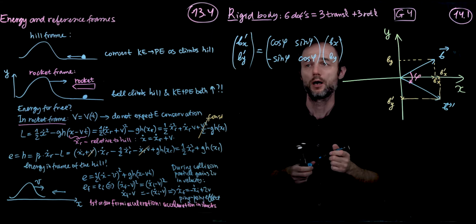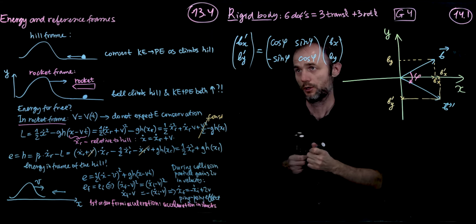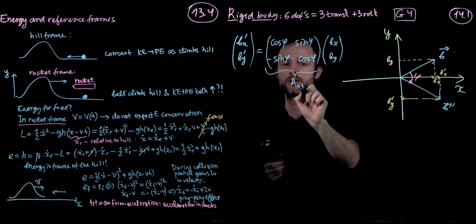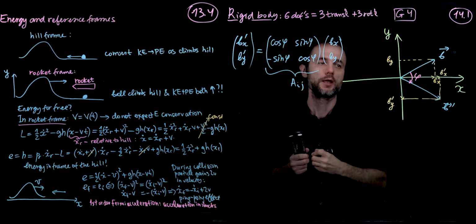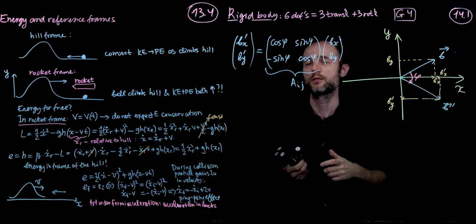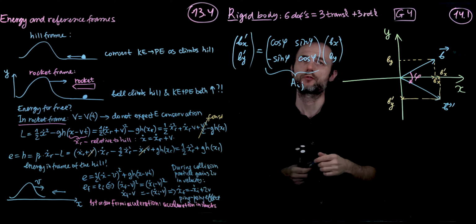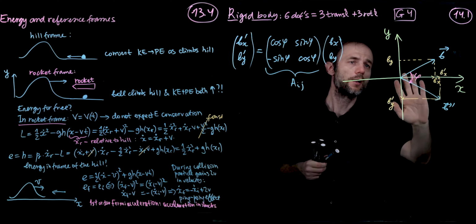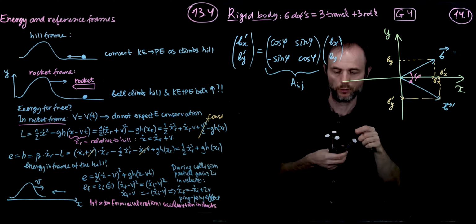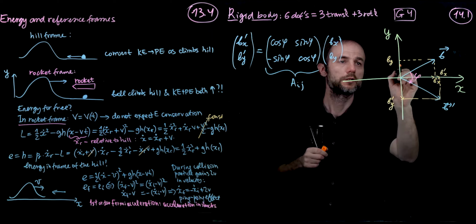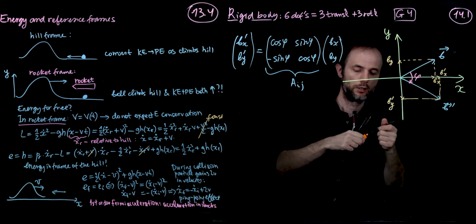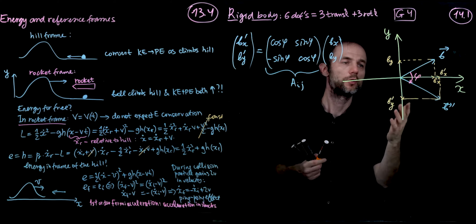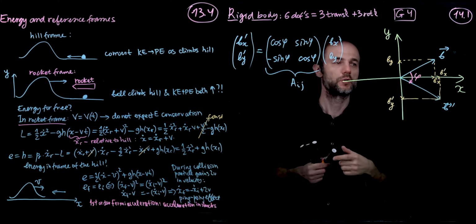So, now that we've figured this out, we can denote this as the rotational matrix Aij. And you can figure out where this comes from by seeing how the rotated components, bx and by, if you were to rotate both of them by an angle phi, how they would project onto the original x and y axis.